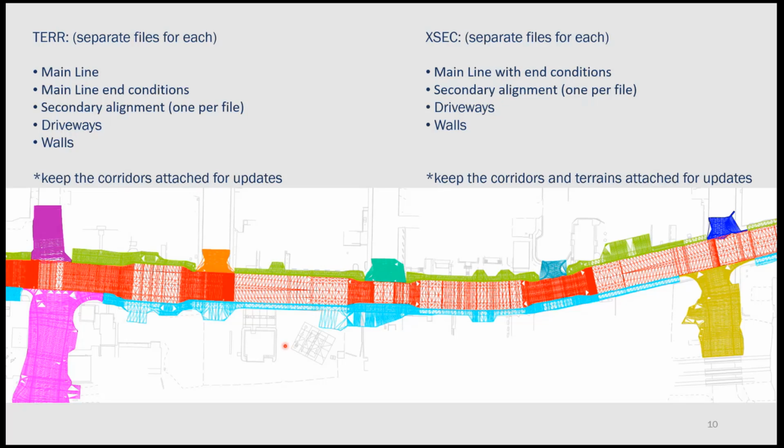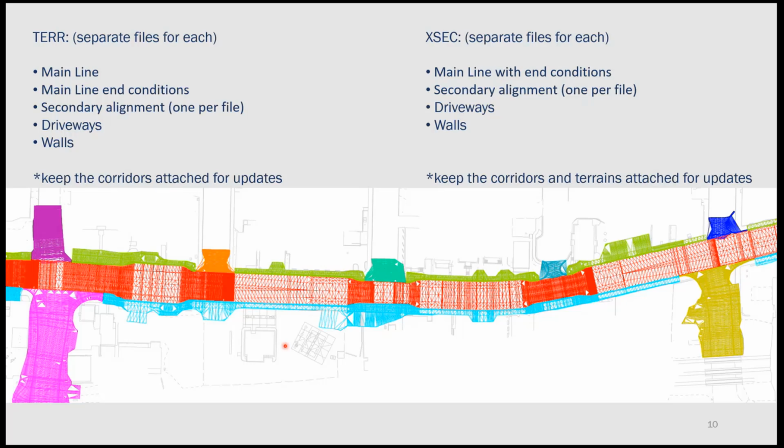Question, comment? I want to reiterate something that Elisa mentioned, and that is, as far as when you're cutting the cross sections, it's the corridor and the corridor annotation that are giving you those labels.